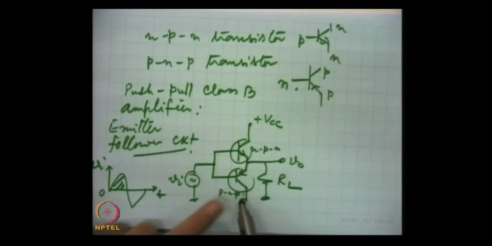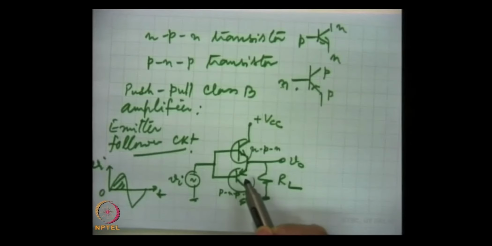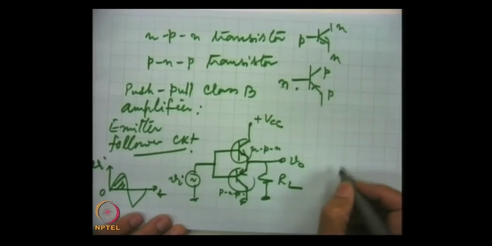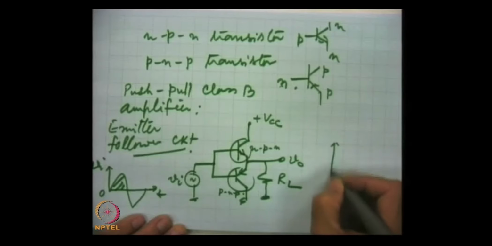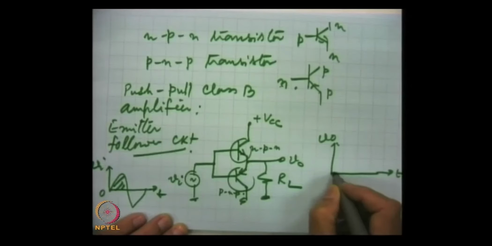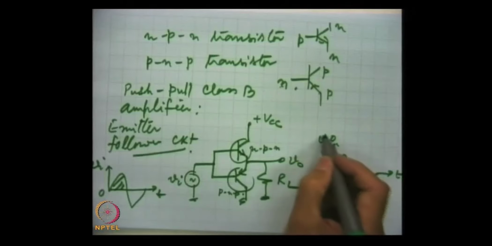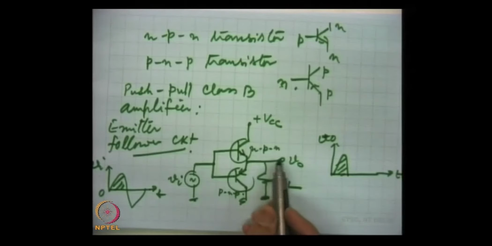Hence, PNP will be non-conducting for this part and the upper transistor, the NPN transistor, will conduct. Therefore, we will get at the output, this is V out and this is time, amplified output because of NPN.